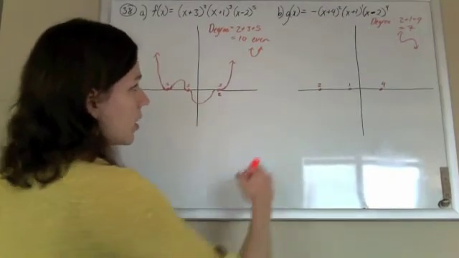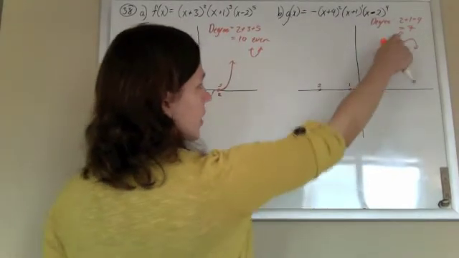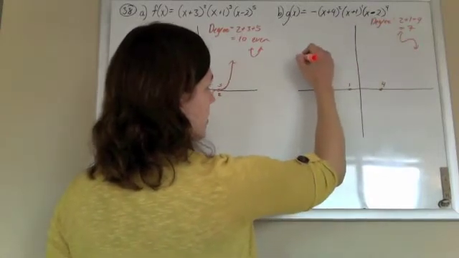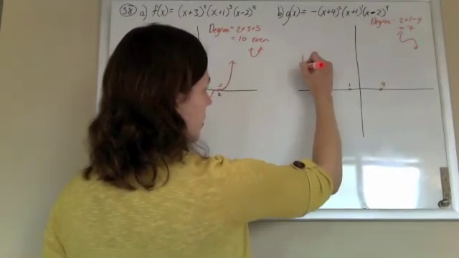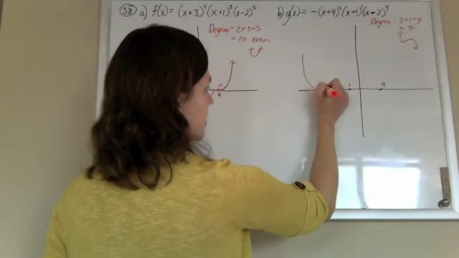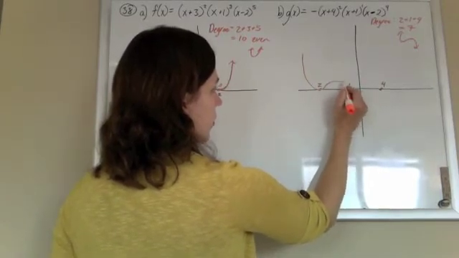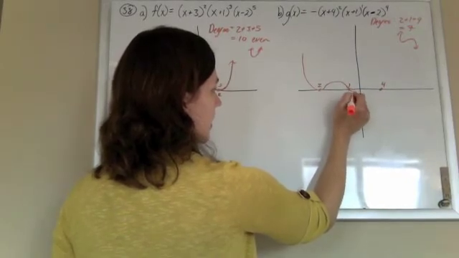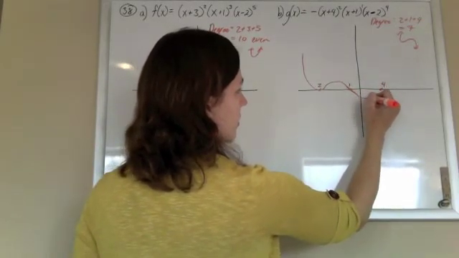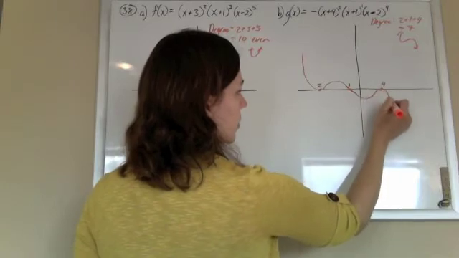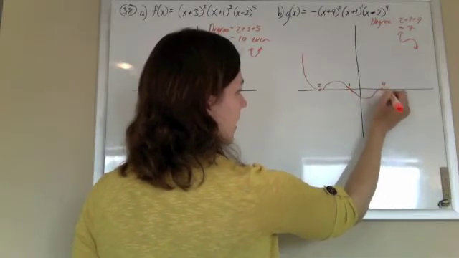So I'm going to start up and start to draw. When I hit the multiplicity 2, I look like a little parabola. I bounce up. When I hit the 1, I'm going to cross straight through like a line. When I hit the 4, I'm going to look like a little parabola, bounce down, slightly flat there.